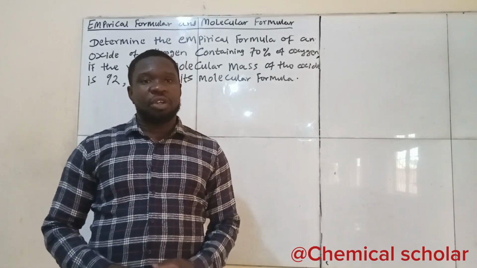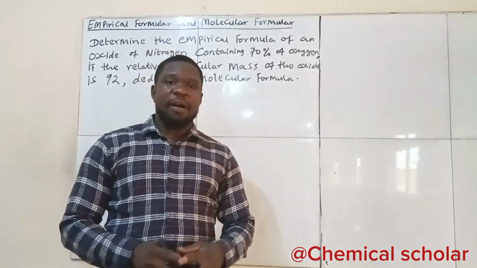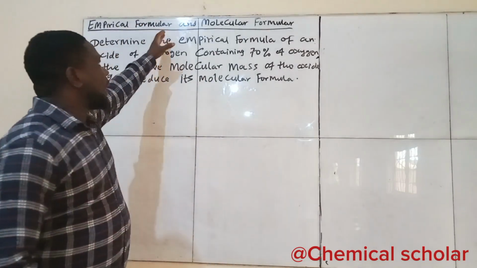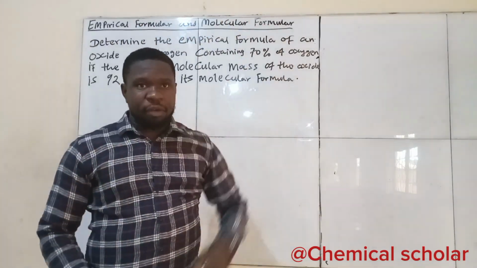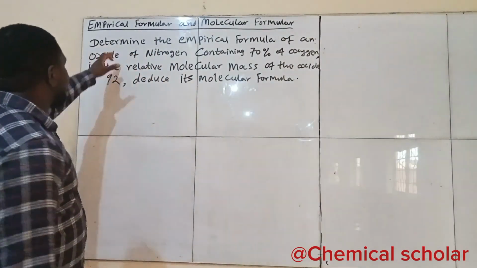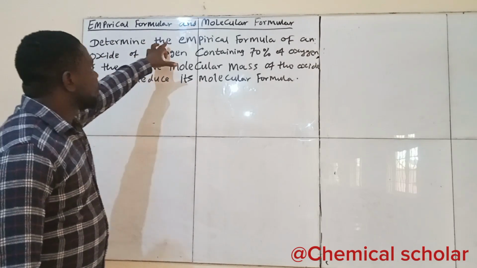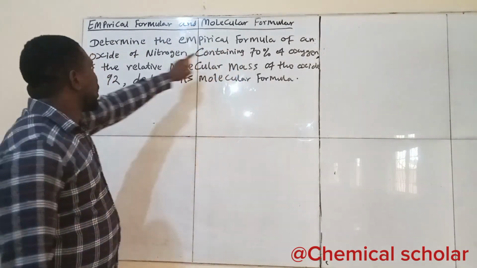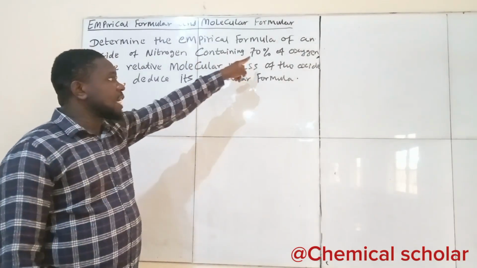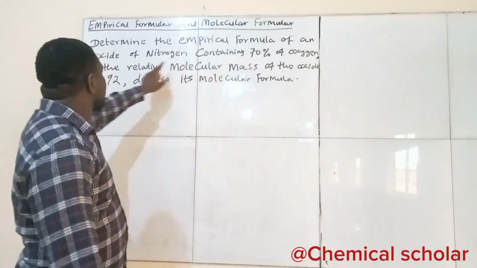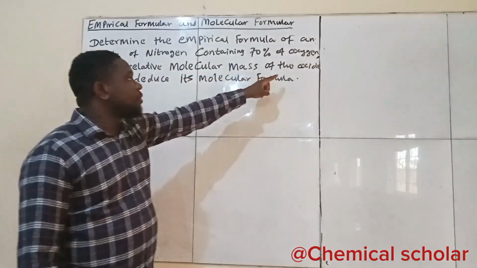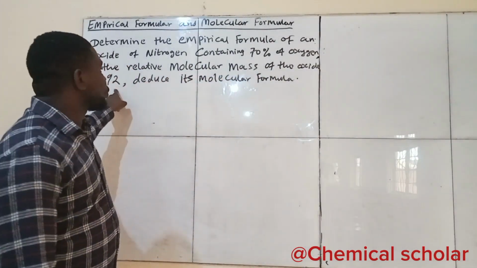In today's episode, we are continuing with our problem solving under empirical formulas and molecular formulas. In the question we have here today, we should determine the empirical formula of an oxide of nitrogen containing 70% of oxygen, if the relative molecular mass of the oxide is 92.